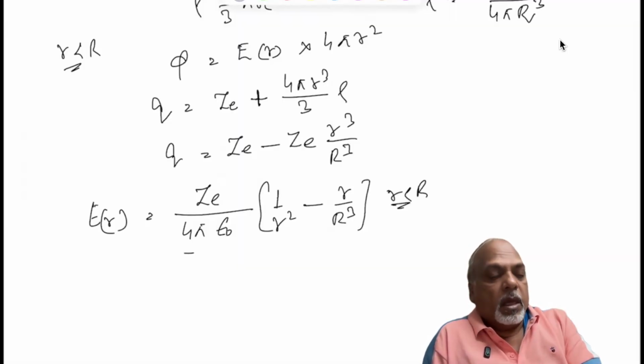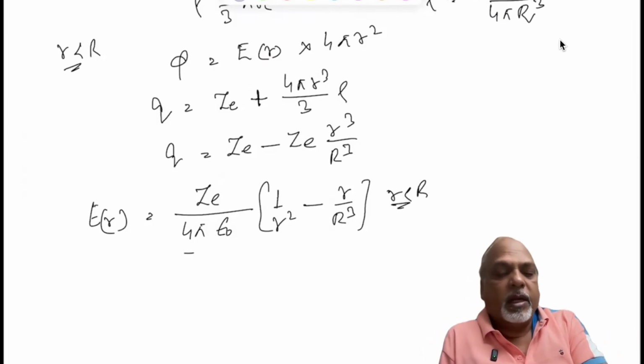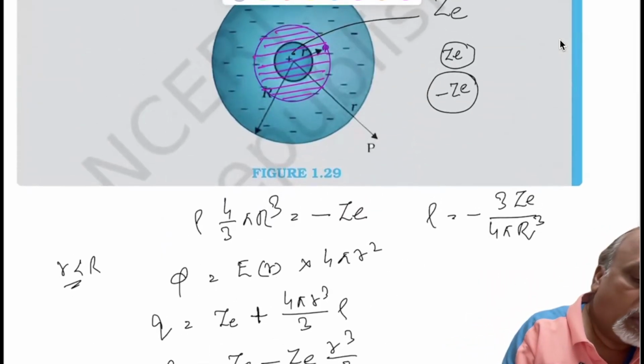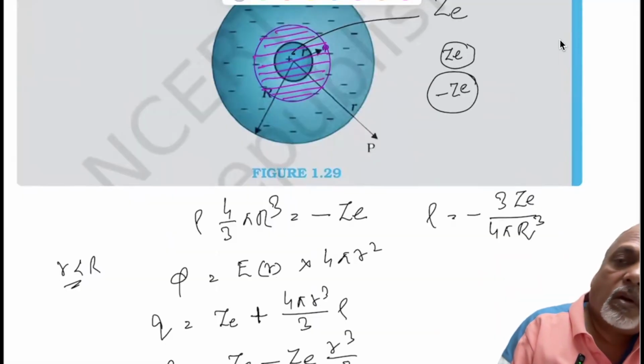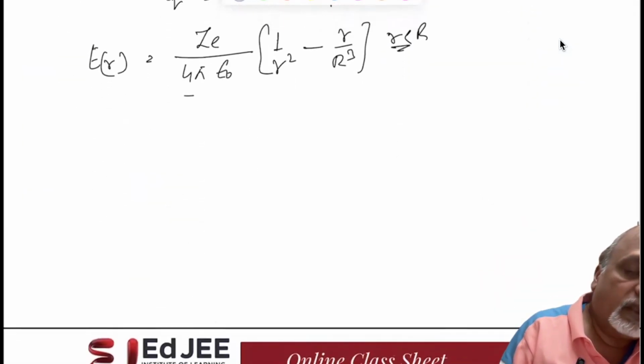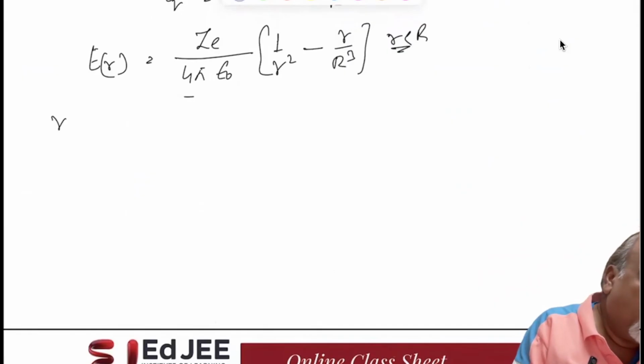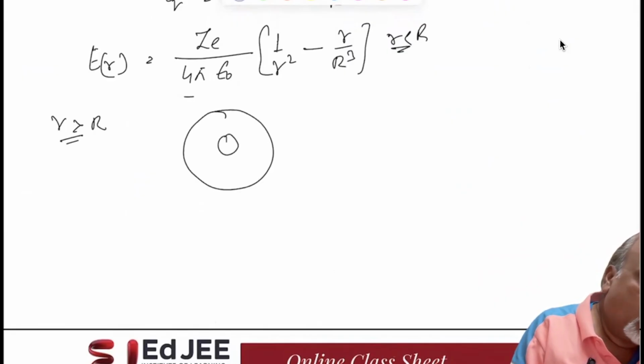This electric field will be directed radially outward, because if you make the electric field lines, they will be radially outward. In case r is greater than R, then the nucleus is there, and both positive and negative charge are equal and opposite. That means Q enclosed will be 0.